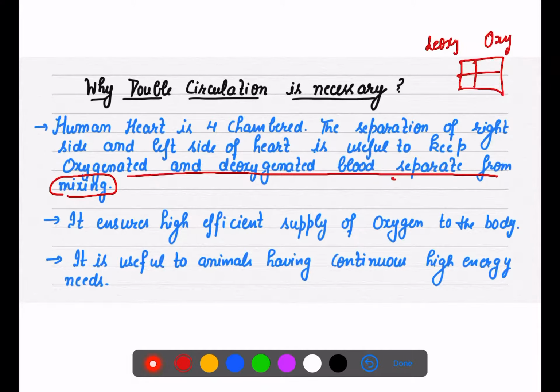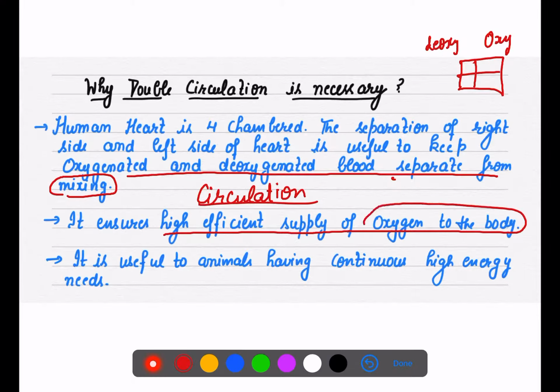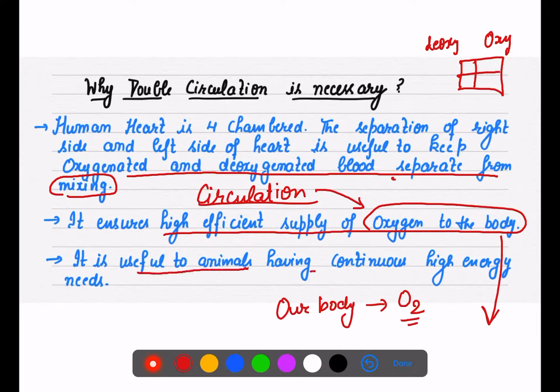Why? Then circulation ensures, ये पूरे का पूरा हमारा काम करता है कि so that we can get a highly efficient supply of oxygen to the body. As you know that our body's metabolic activities take place only in the presence of oxygen. So who provides this highly efficient supply of oxygen? That is the circulation. It is useful to animals which have continuous high energy needs.